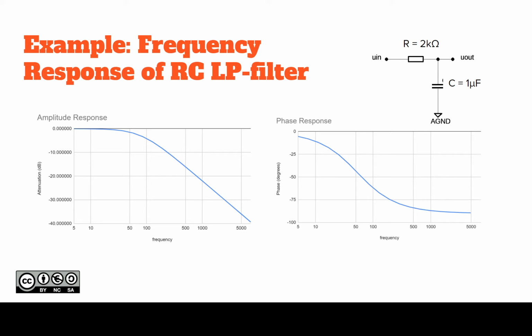Basically, if you want to know what the cutoff frequency or corner frequency is, then you just calculate f c equals 1 over 2 pi R times C. Let's see, do I have a calculator there? 2 times 3.14 times R was 2000 times C is 0.001.